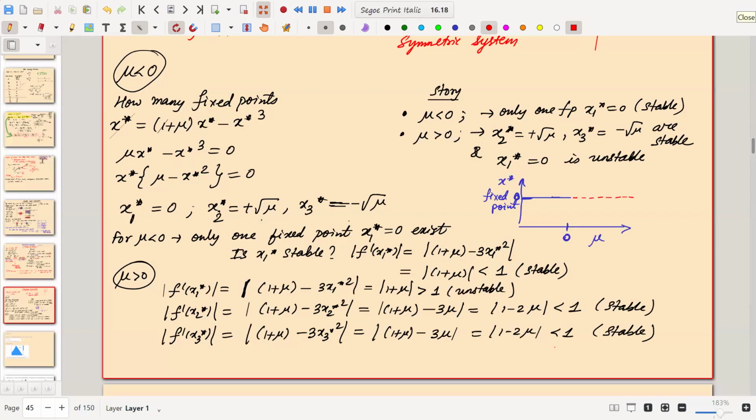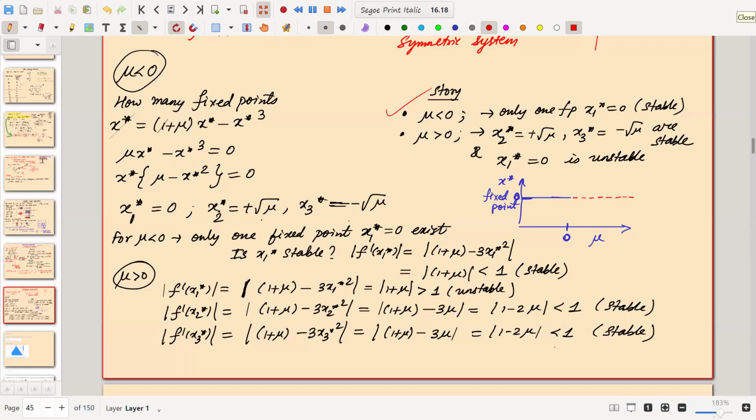Now let us come back. For mu less than 0, do fixed points x2 star and x3 star exist? No, because it is already written here. For mu less than 0, they don't exist. Now for mu greater than 0, both of them exist and are stable. But they are root mu, so it will follow a parabolic shape.